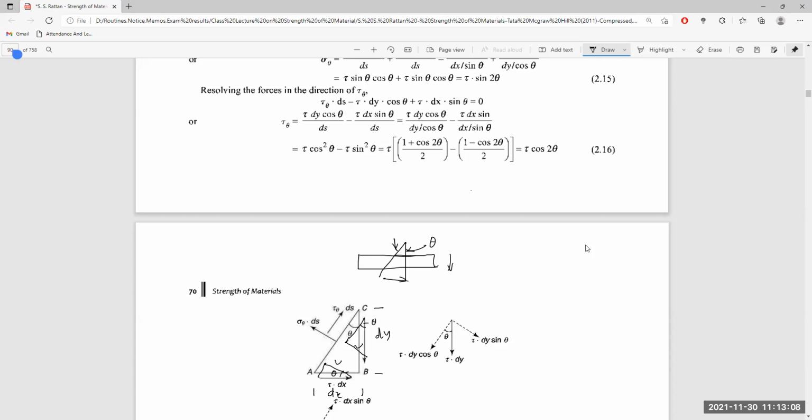First we have to find out what is theta and what is not theta. So this is the theta. The force tau dy multiplied by sin theta, which is acting in this direction, is opposite to this one, and tau dx multiplied by cos theta is acting in the opposite direction. So both are negative.